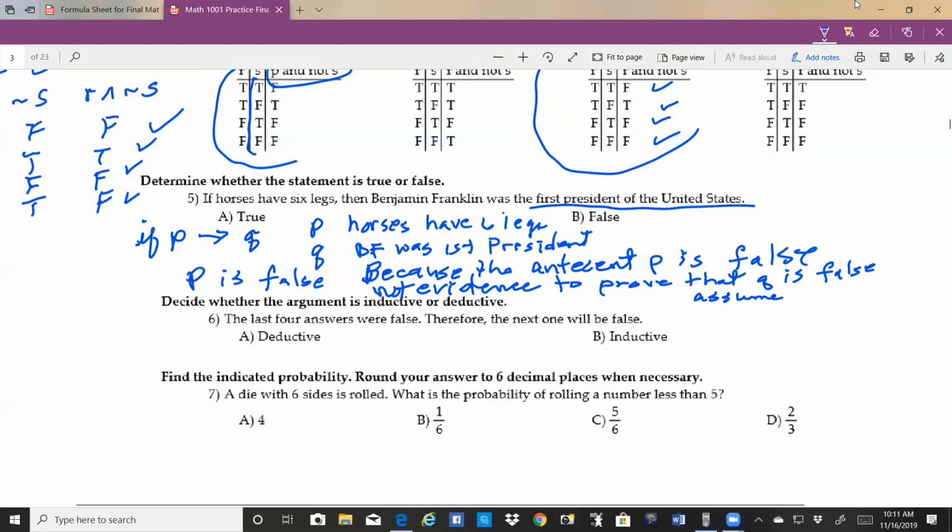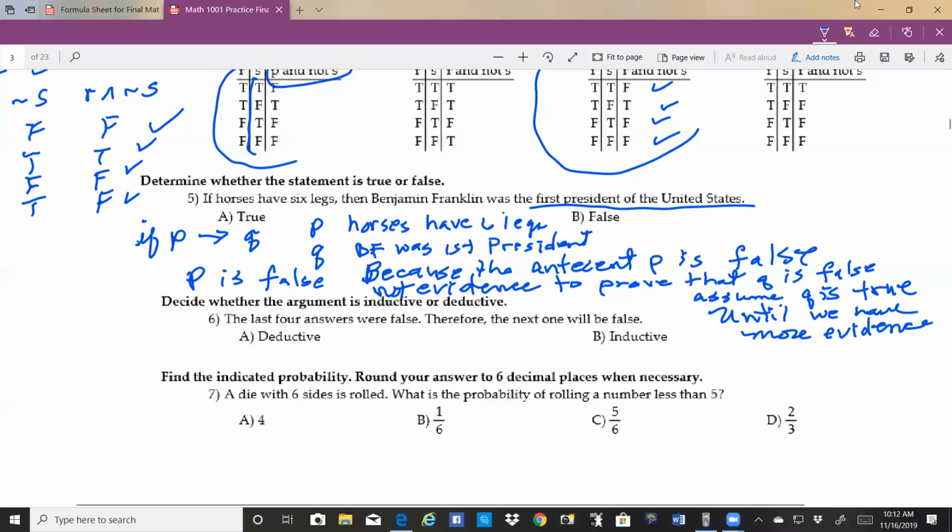Assume Q is true until we have more evidence. Now, when that evidence comes in, we could prove that Benjamin Franklin was not the first president of the United States.